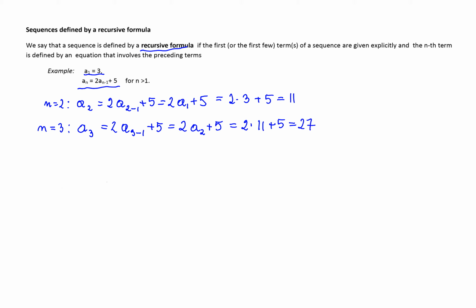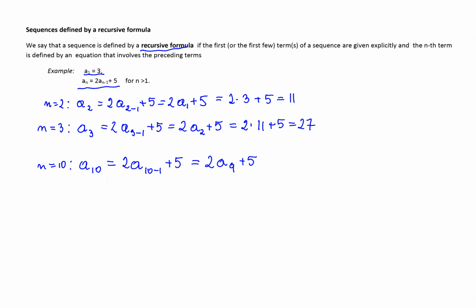So suppose I want to compute the value of a sub 10, that n is equal 10. According to the equation, to compute a sub 10, you'll have to take 2 and a sub 10 minus 1 plus 5, and this is 2a sub 9 plus 5.